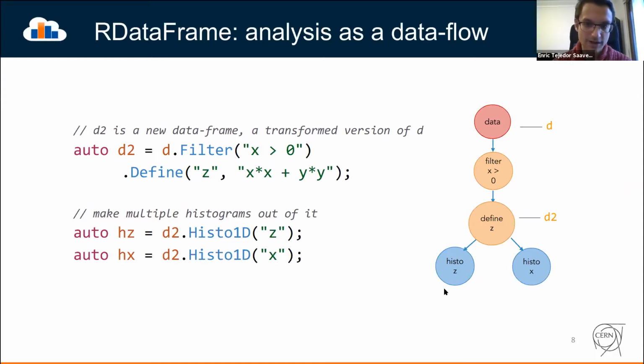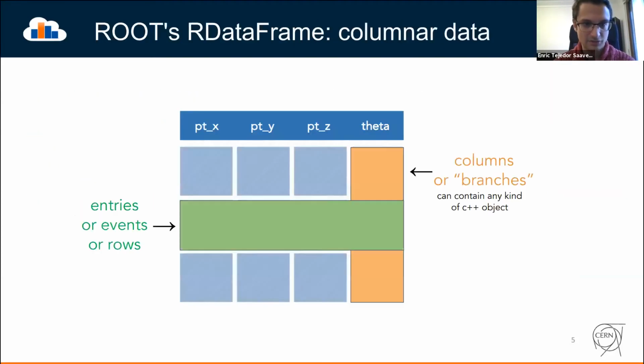Only when you actually access one of the results, like one of these histograms, the actual computation will happen. The event loop will be triggered lazily when you access a result. So that's everything I wanted to say about RDataFrame.